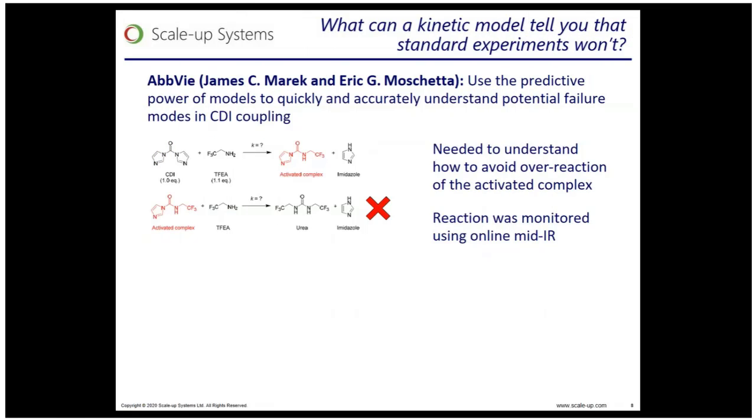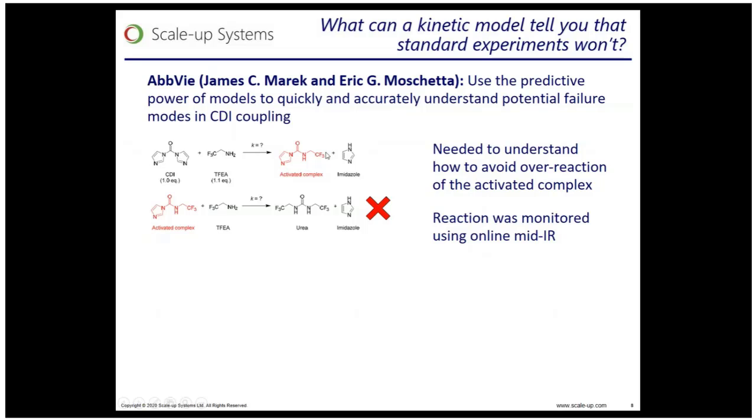And this is based on a case study from AbbVie, specifically James Marek and Eric Moschetta. Here it was looking at using the predictive power of models to very quickly and accurately understand failure modes in a CDI coupling reaction.